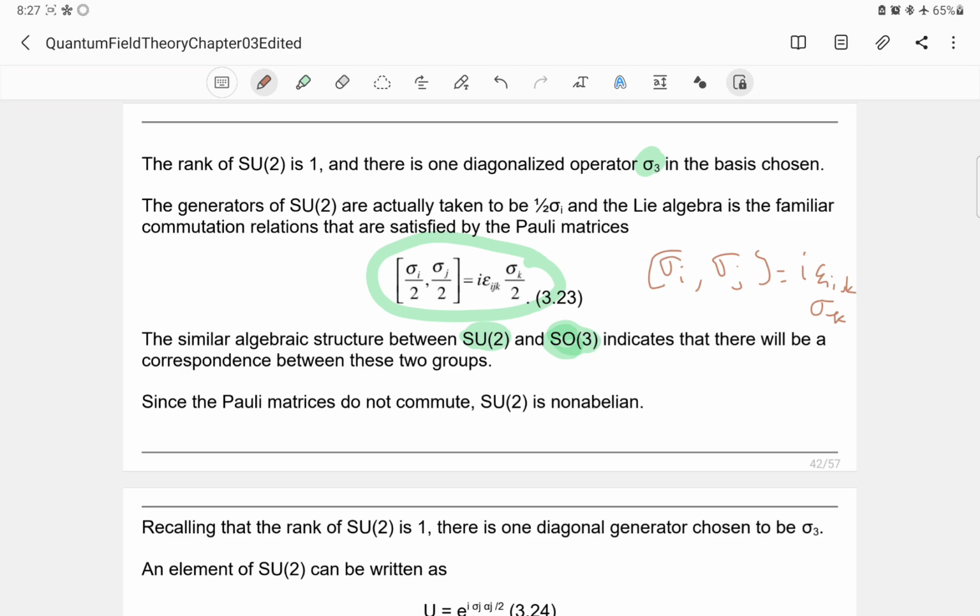But if you're now talking about SO3 coming into the picture, you have to have this commutation relation. But anyway, they're just equal. If you cancel the 1/2, that's just the same as this one. Since the Pauli matrices do not commute, SU2 is non-abelian.